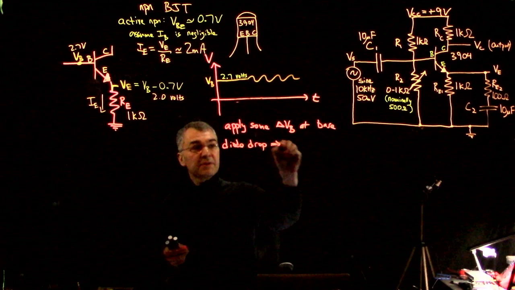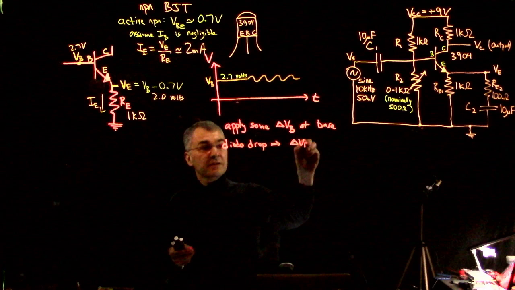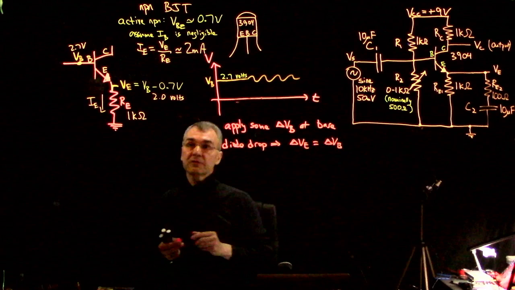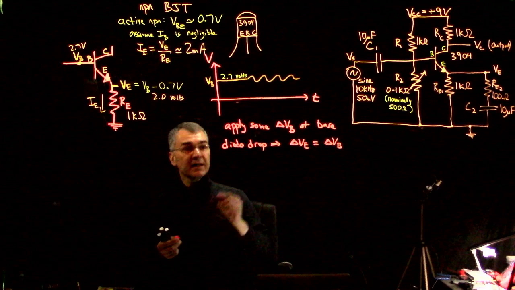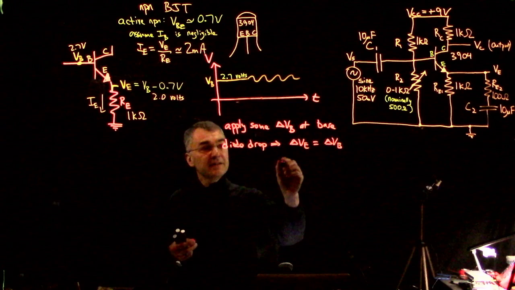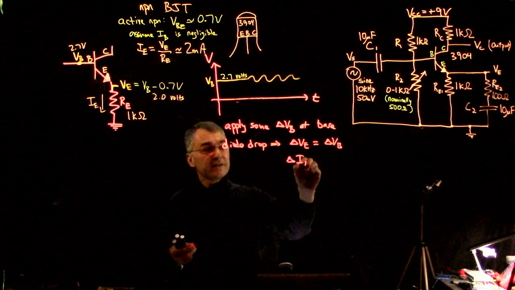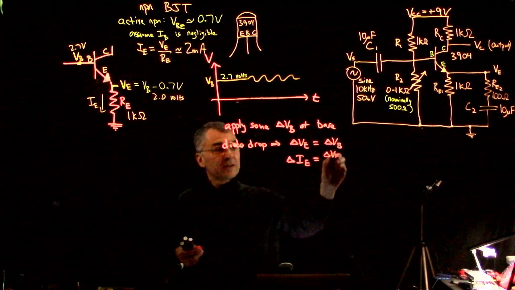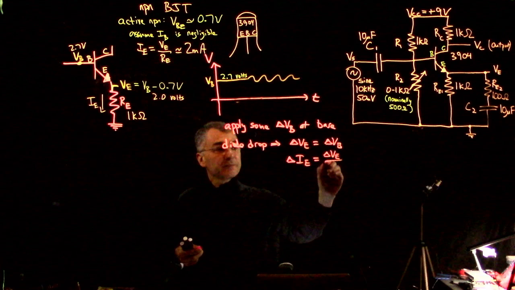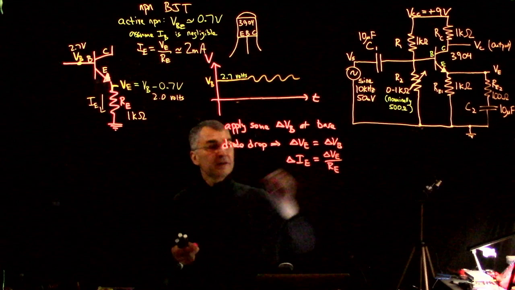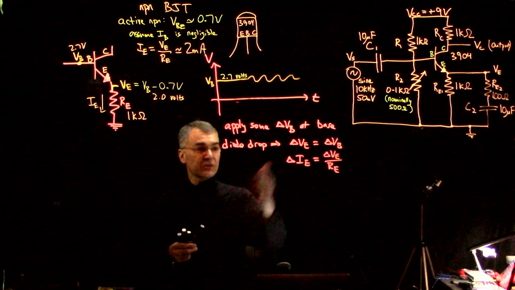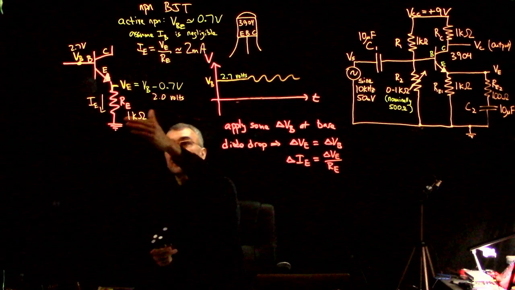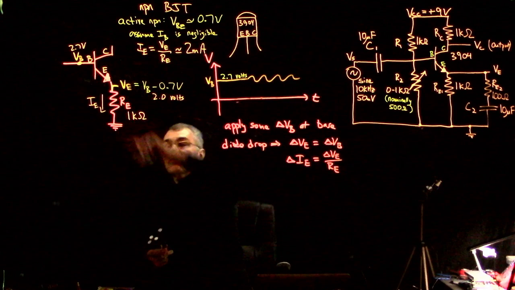That means that delta VE is the same as delta VB, or pretty darn close to the same. And then that tells you that delta IE is delta VE divided by RE. So this delta statement is true no matter what fixed voltage this is, although the quiescent current will depend on this voltage difference divided by this resistance.